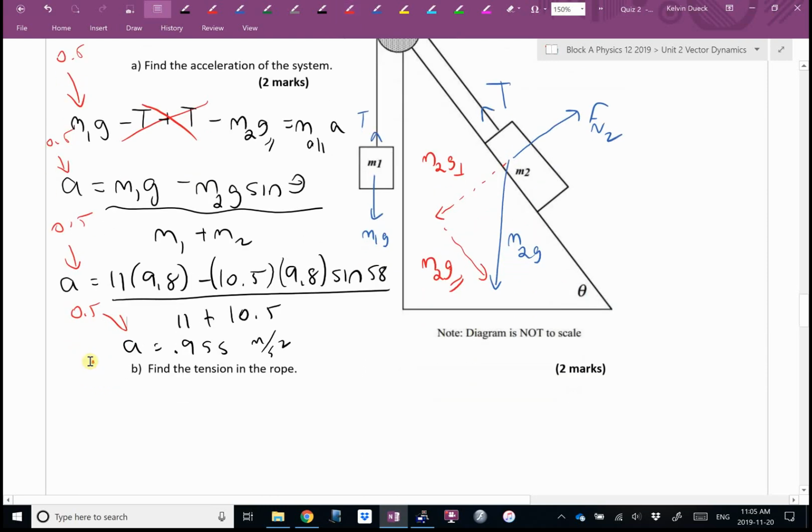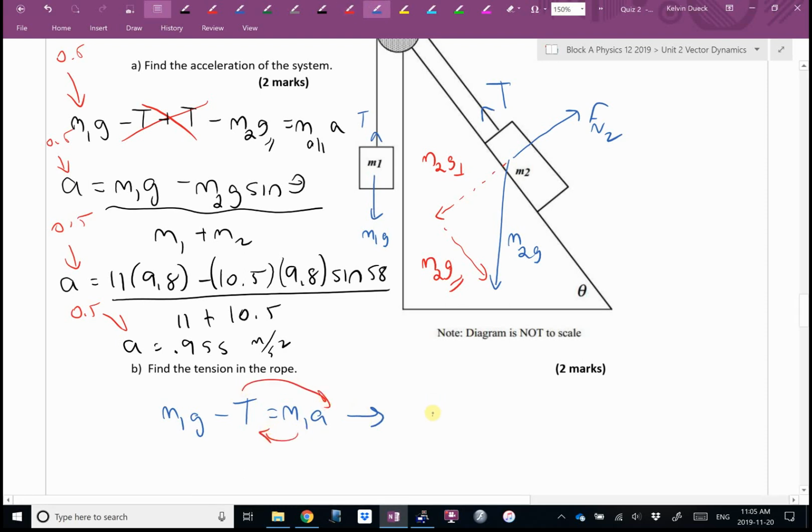Find the tension in the rope. I'm definitely using M1. M1G minus tension equals M1A. Time for the swappy dance.